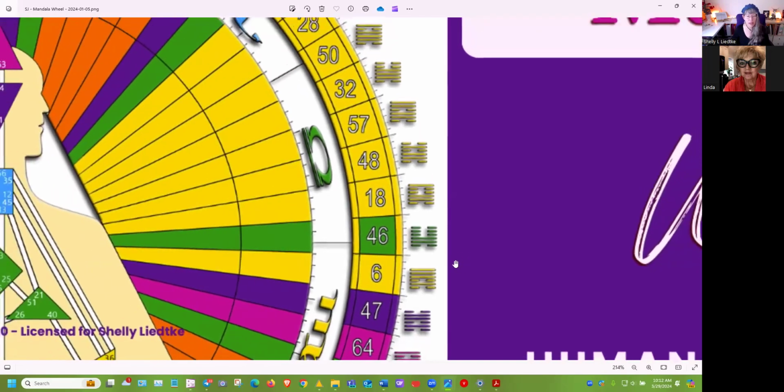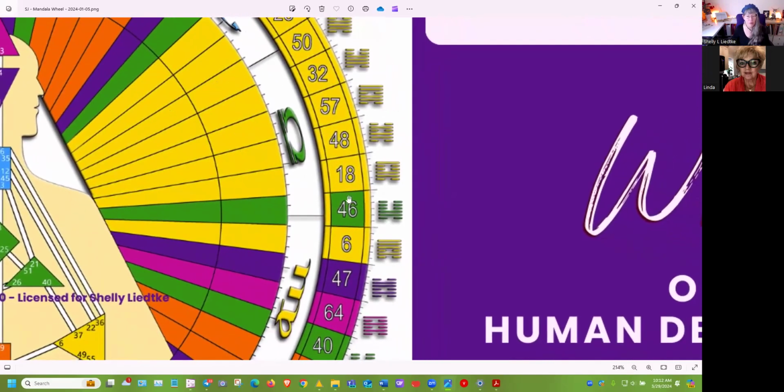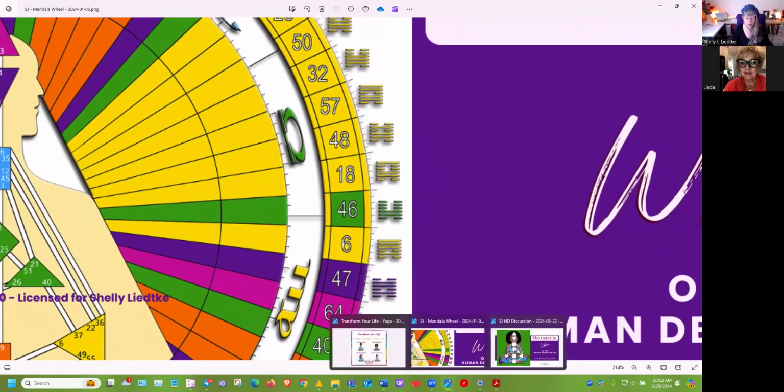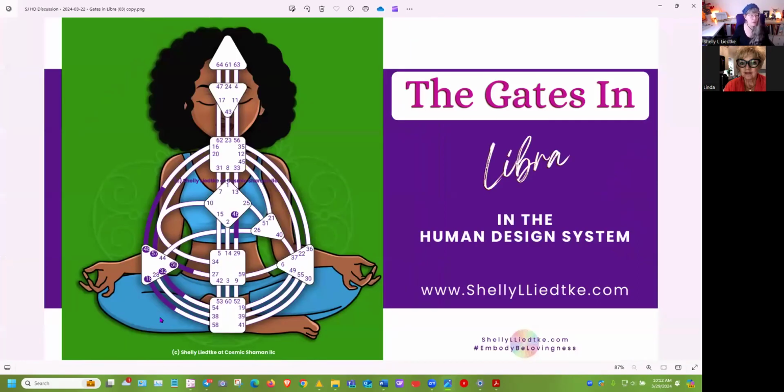That's what we're looking at. Today we're going to start with gate 46, and I'm going to bring up our little demonstration gal here. These are all the gates that are in the sign of Libra. Gate 46 is first, and I would have to bring the mandala wheel back up to see what the order is.